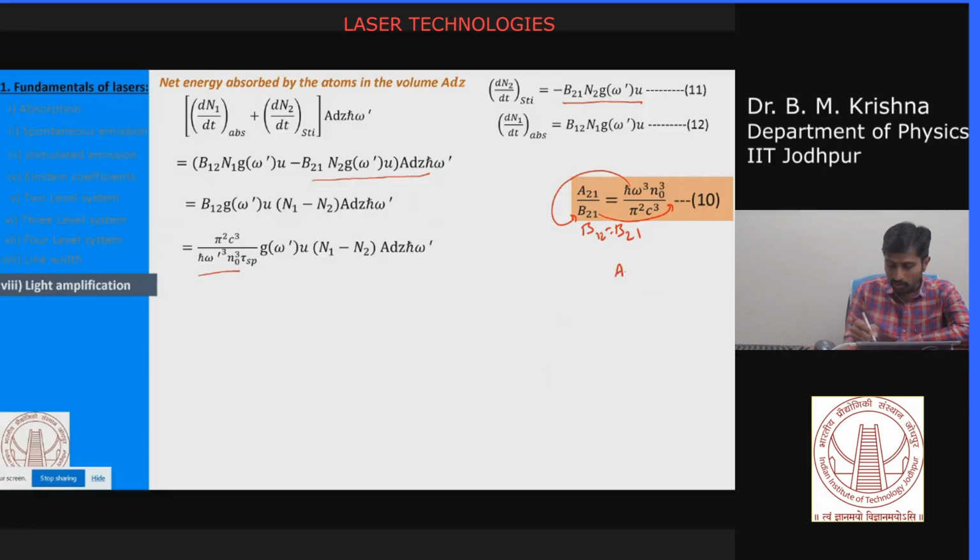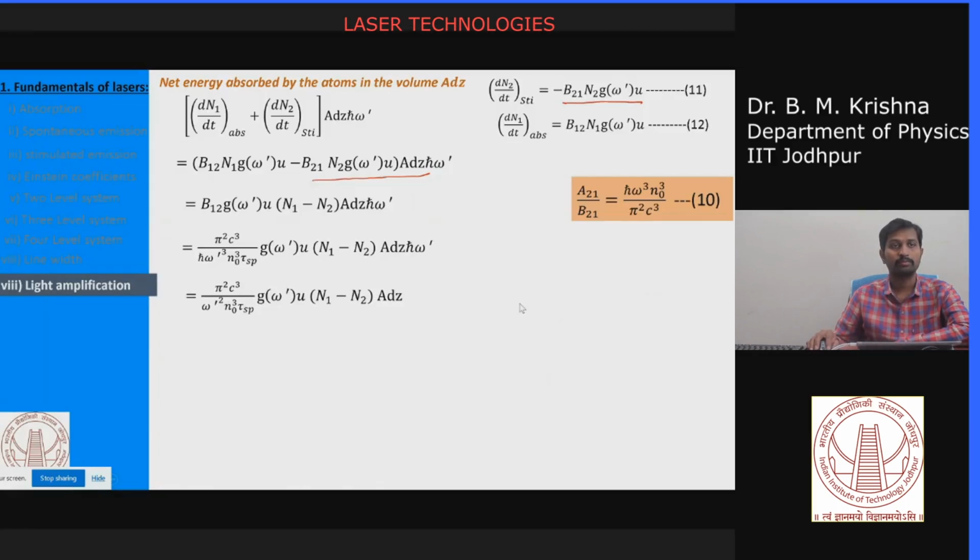We know that A21 is nothing but 1 over tau SP, the spontaneous emission rate, so I substituted that in terms of A21. This is the factor, and then g of omega prime U (N1 minus N2) A dz h omega prime.